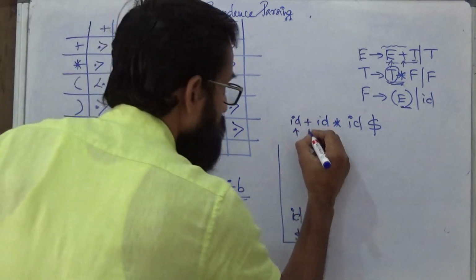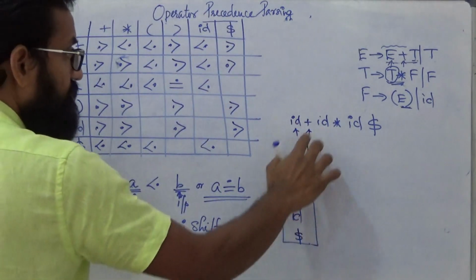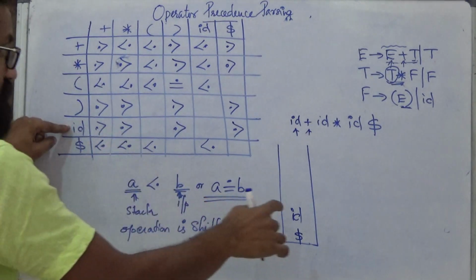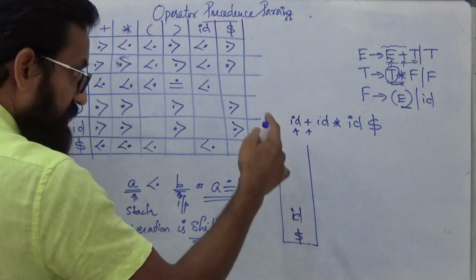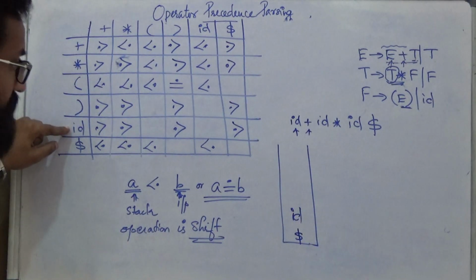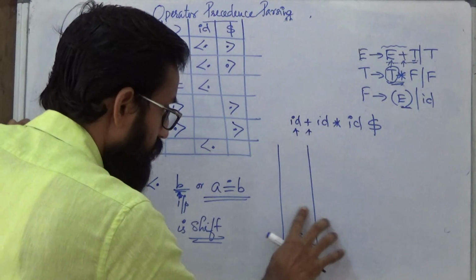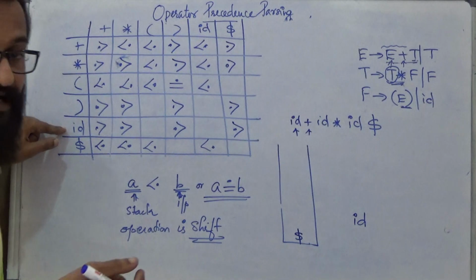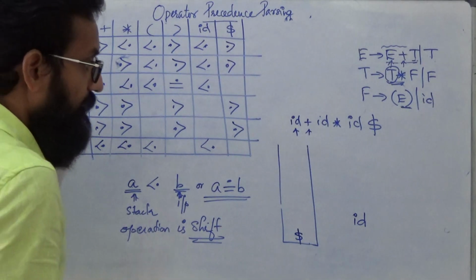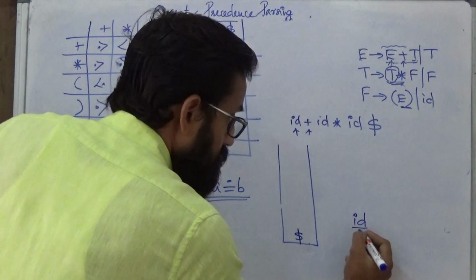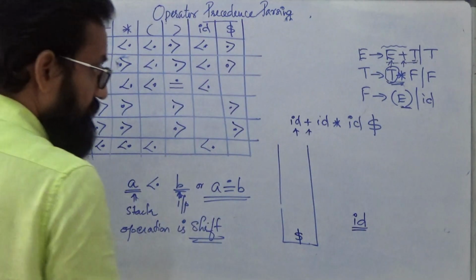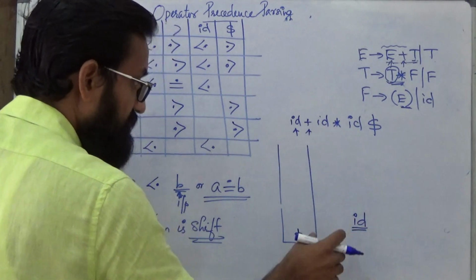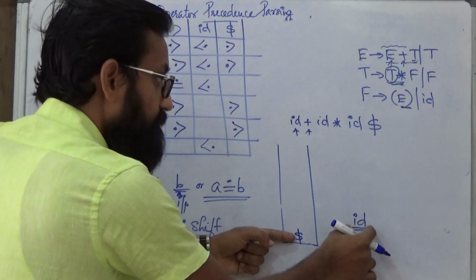Now it will read the next input, ID plus. It will compare the precedence. The content in the stack top has higher precedence, so it will perform a pop operation. The popped element is ID. Pop actually corresponds to a reduction operation. Once after performing a pop operation, it will compare the precedence of the current top with the popped element.